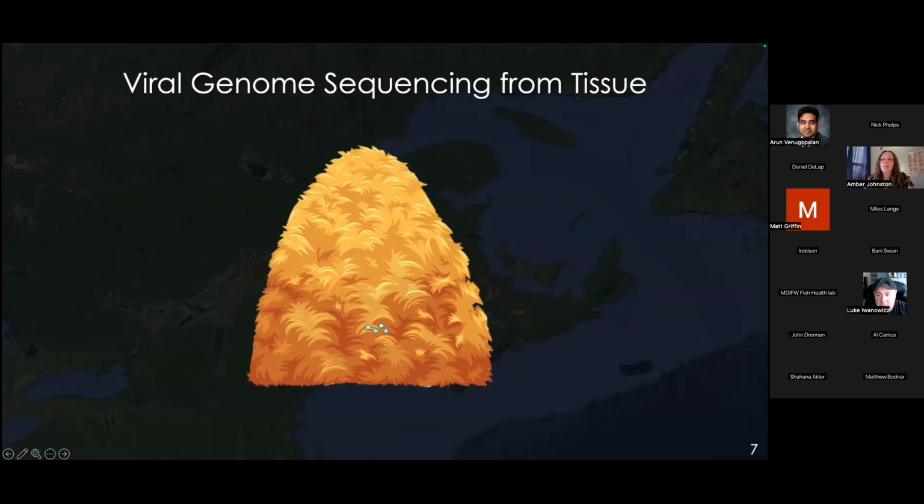While this phenomenon isn't ISAV specific, it is an important problem to address for ISAV, as to date there are no published methods that effectively capture the genetic diversity of the virus that are optimized for both cultured cells and sequencing directly from tissue.